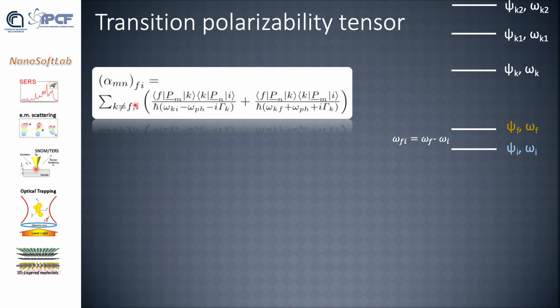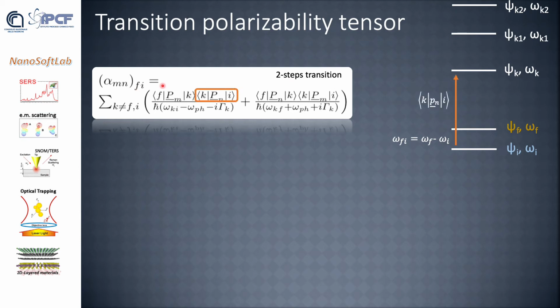The transition polarizability tensor in the second order perturbation theory writes like this. It's the sum of two components, and each component has numerators and denominators. What is important to note here is that in the second order perturbation theory, the transition is a two-step transition.